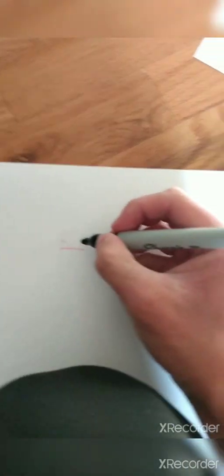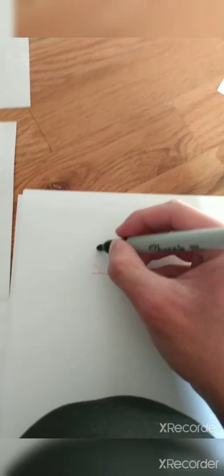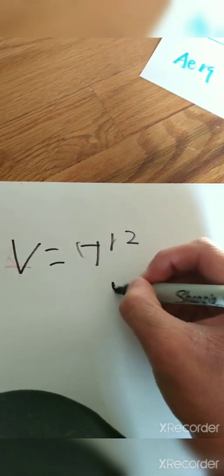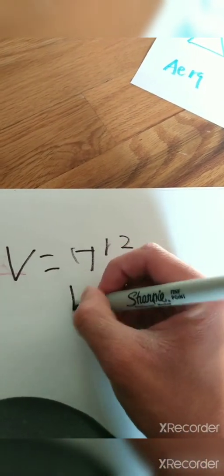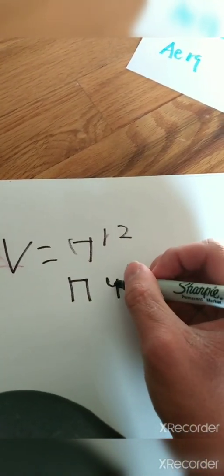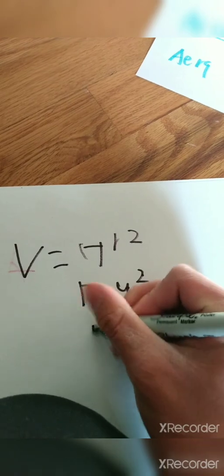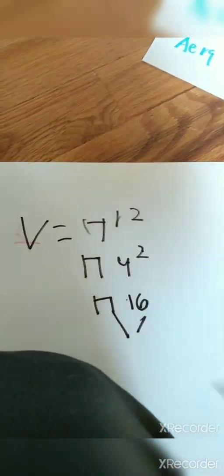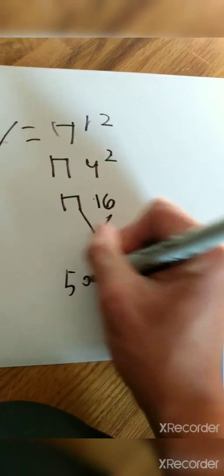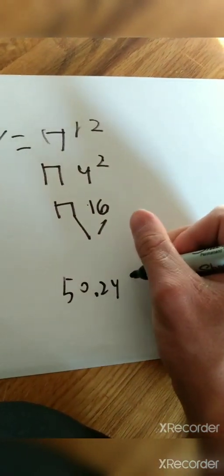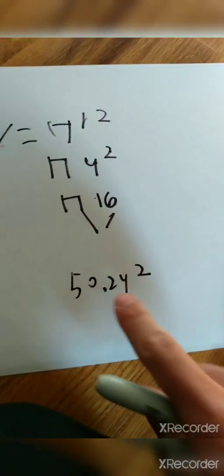To do that, we insert 4 for the radius. 4 times 4, because of that square, is 16. And if we multiply by pi, we get an answer of 50.24 squared. That is the area of this circle.